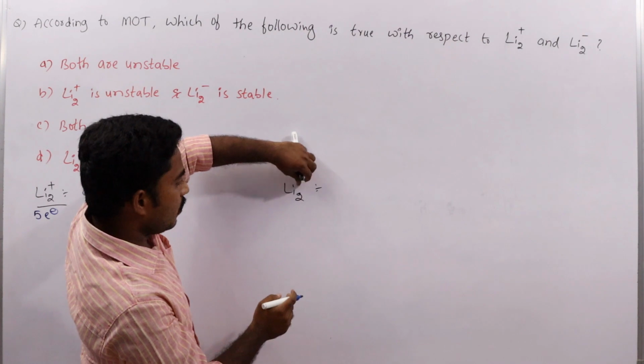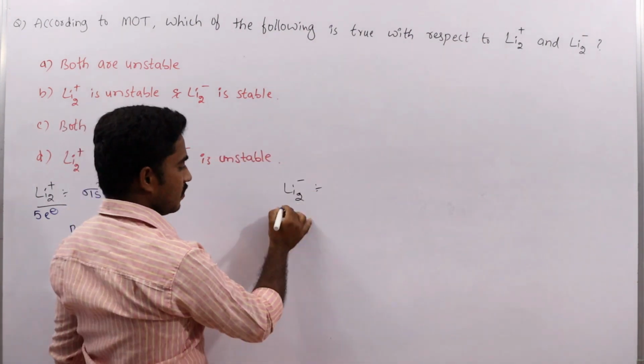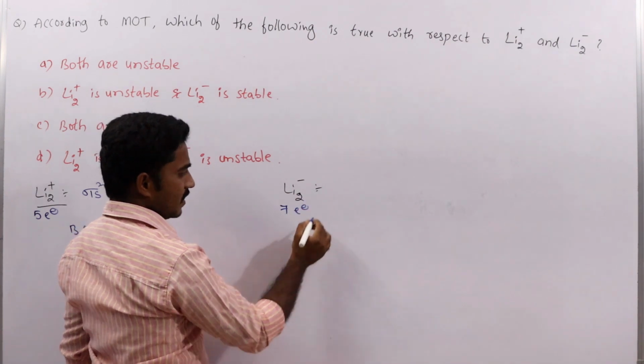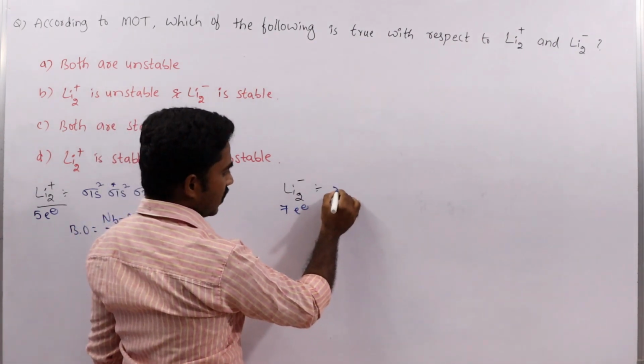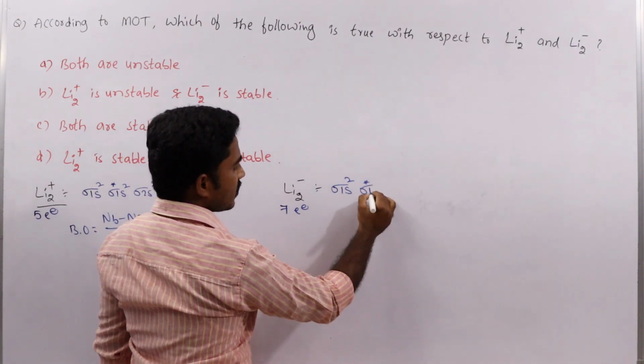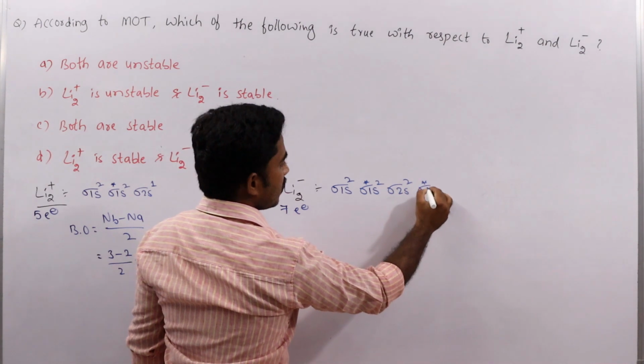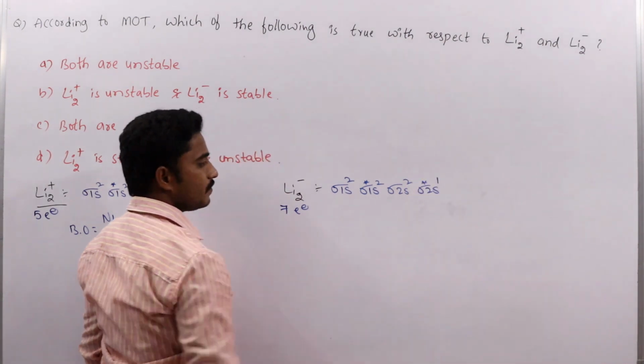Now see here. Li2 has 6 electrons, here a minus charge is there, so we have to add 1 more electron, totally 7 electrons are present. The configuration is sigma 1s2, sigma star 1s2, sigma 2s2, sigma star 2s1.